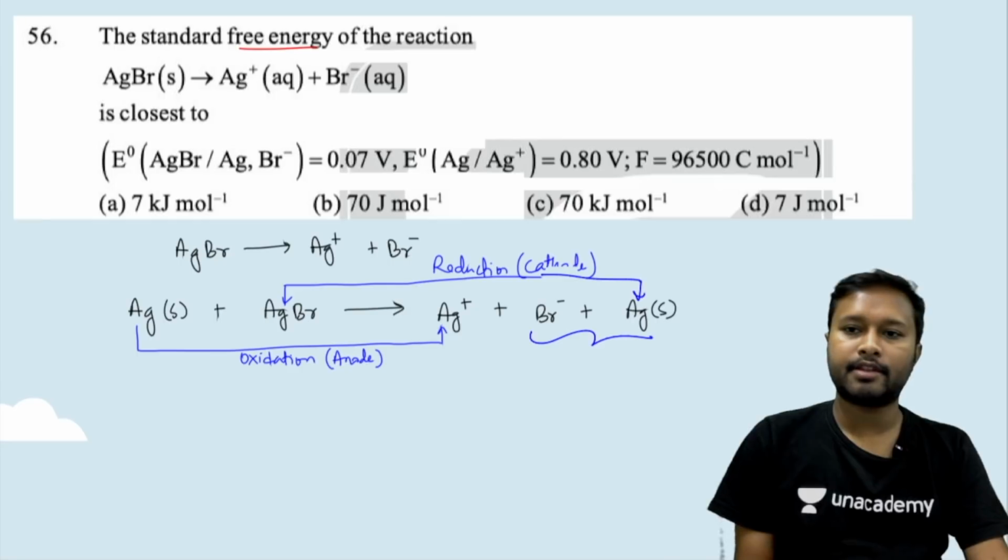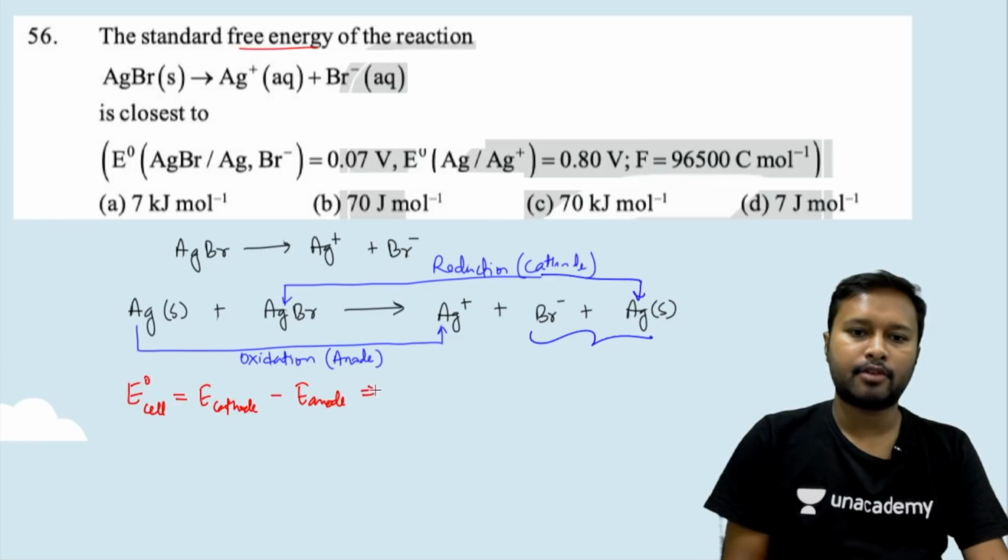So the E naught of the cell, since the standard free energy is asked, let's calculate the E naught. E naught of the cell will be equal to E cathode minus E anode. So let's write down the values now.